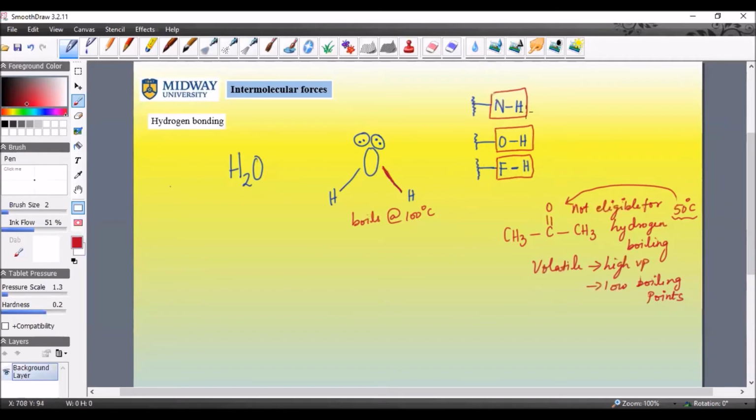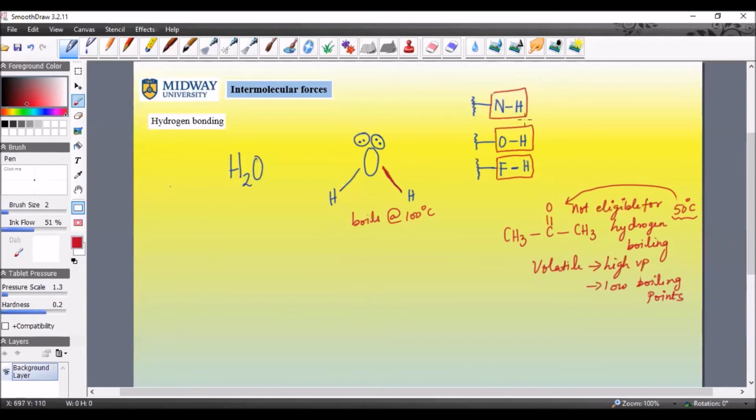And water, I've already talked about. Many of your proteins and amino acids contain nitrogen-hydrogen bonds, which is why several of the amino acids are soluble in water, and soluble in blood as well.